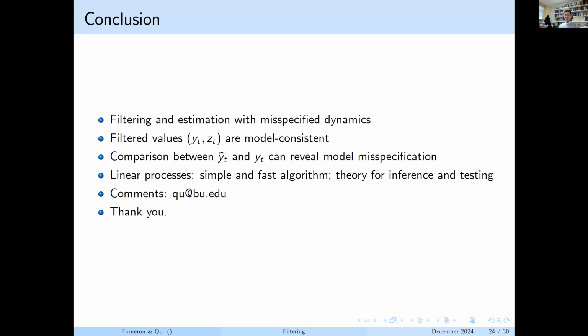In addition to that, a comparison between the actual observation and the filtered value of YT can potentially reveal model misspecification. And for linear processes, we have simple and fast algorithms. We also have theory for inference and testing.